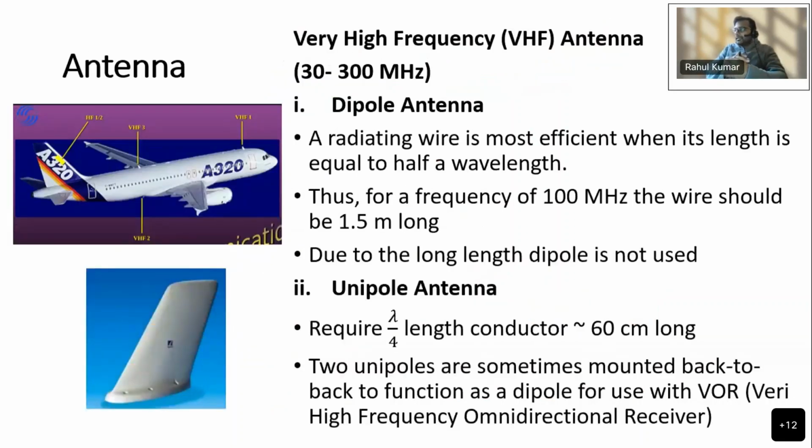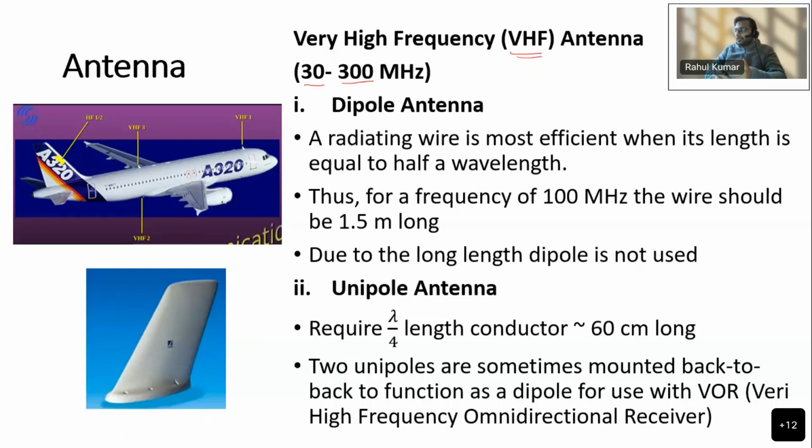Now in an aircraft, we use different antennas operating at different frequencies. So the first one is your VHF antenna, that is very high frequency antennas, and they operate in the frequency range of 30 to 300 megahertz.